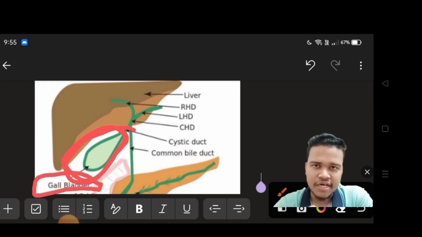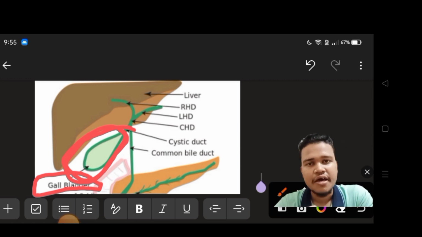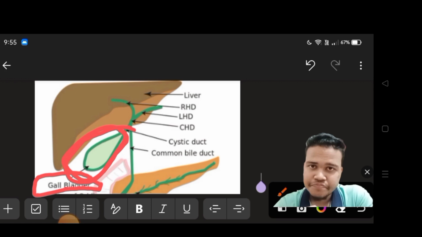So if anyone asks whether there is any reservoir of bile in our body, yes, there is a reservoir of bile in our body and it is the gallbladder. But if anyone asks you which organ is responsible for the synthesis of bile, what will be the answer? The answer will be the liver.